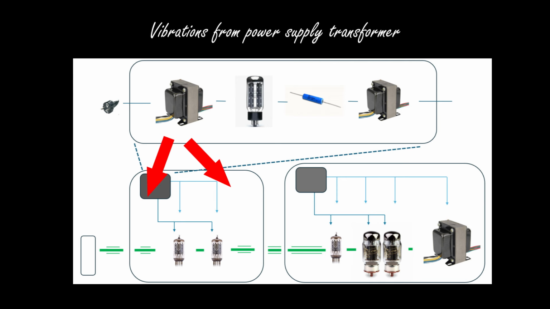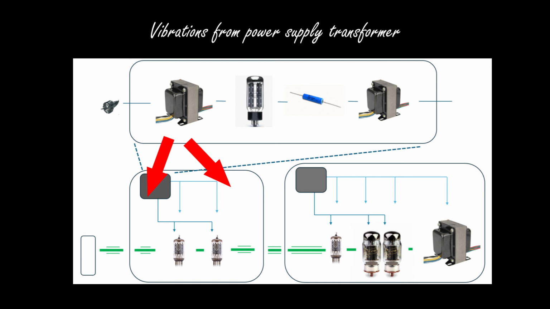Another way the signal can be affected by hum is through mechanical vibrations of the power supply transformer. The power supply transformer can vibrate. The frequency of those vibrations is 50 or 60 Hertz. In a properly built power transformer, those vibrations are basically non-existent.